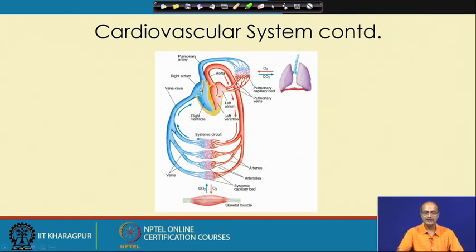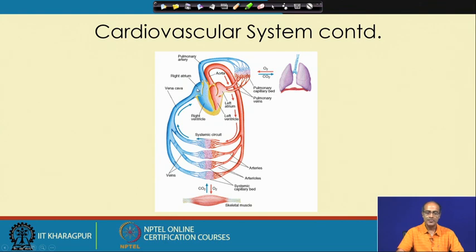Here we see that the heart is here, and the small pump, what we mentioned, is called the atrium. In fact, there are two atria. If we look at the exact flow, the veins supply the blood to the right atrium.